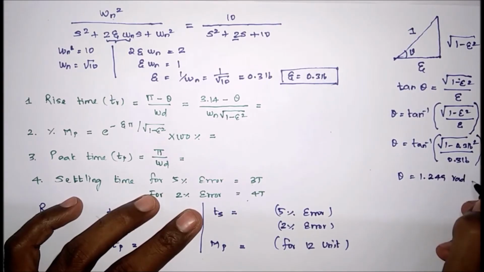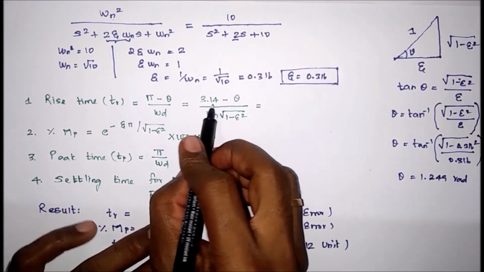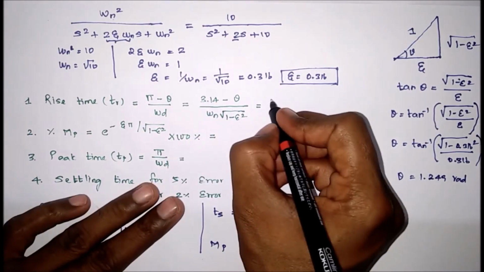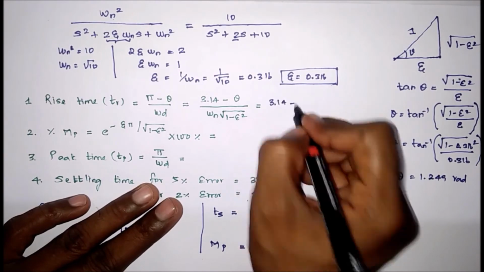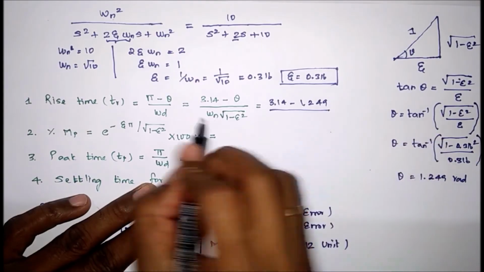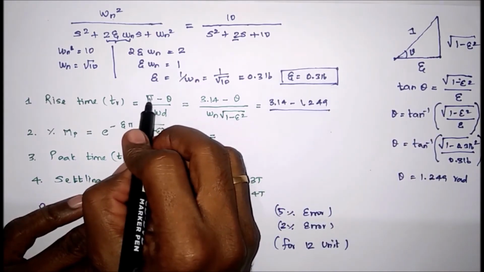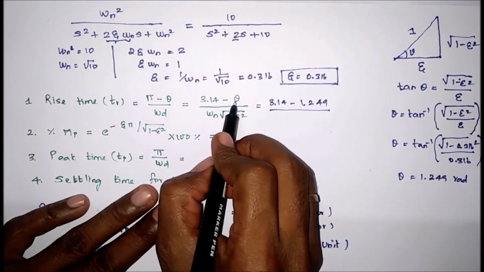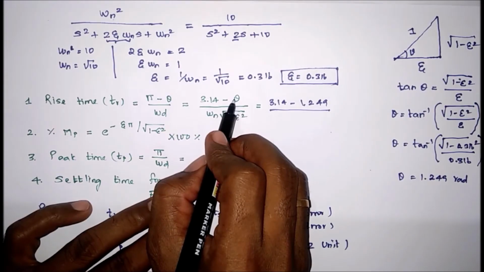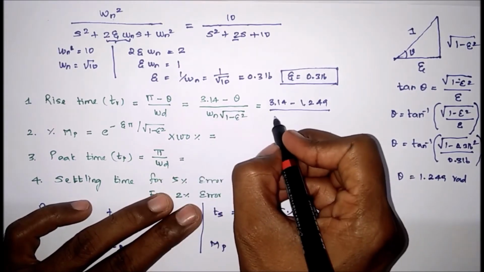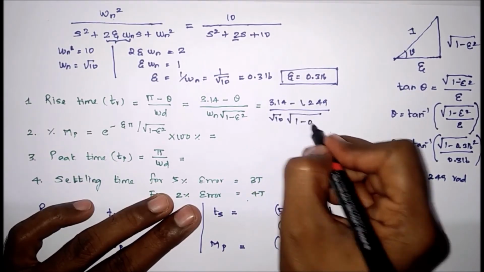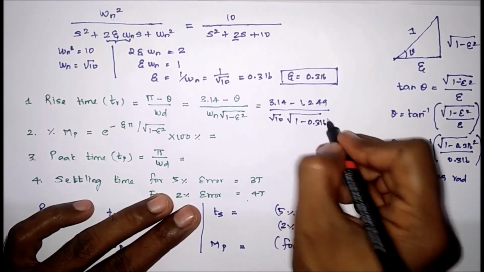Calculating, we get theta equal to 1.249 radian. Since we are using pi in terms of radian, here also we have to use theta in terms of radian. If we used pi as 180 degrees, we could use theta in degrees also, but here we used radian. So 3.14 minus 1.249, divided by omega n, which is root 10, into square root of 1 minus 0.316 square.